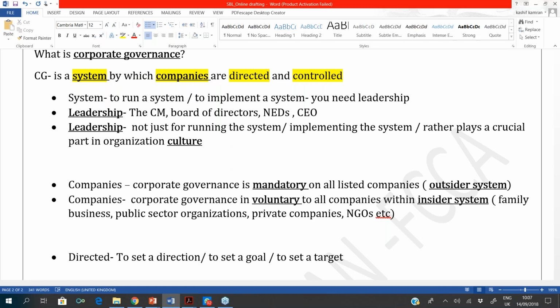Directed for goals, directed for future, to set a target, to set a goal, because that is basically the direction. Now we know who sets directions, right? The chairman, the board of directors, they set the direction, right? The direction is set by the leadership. To set a direction, who is responsible? The leadership.